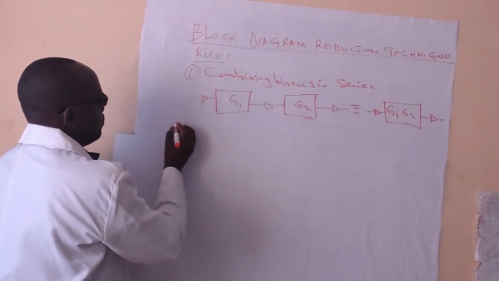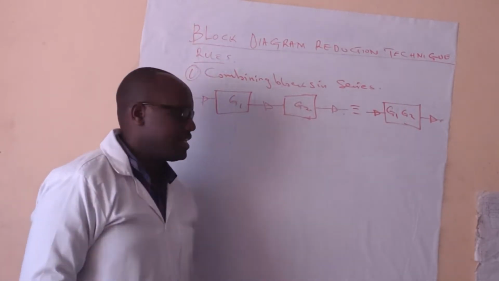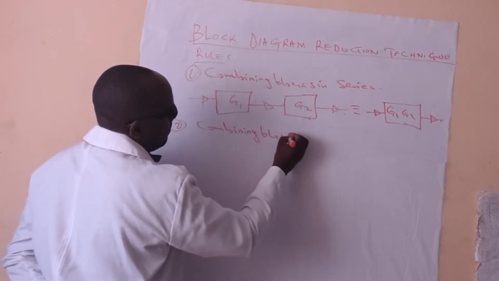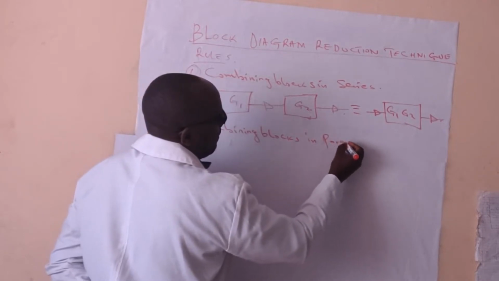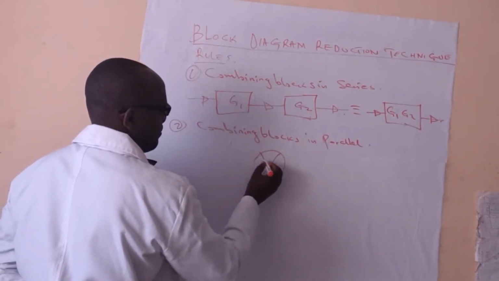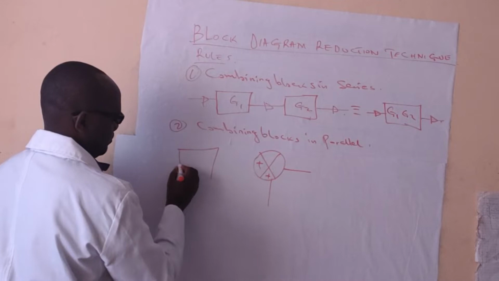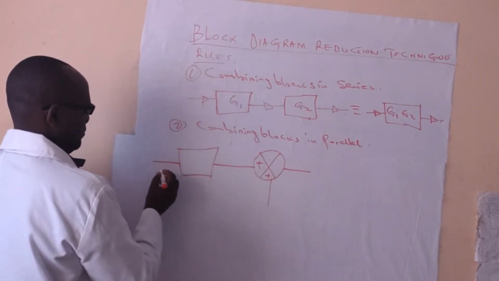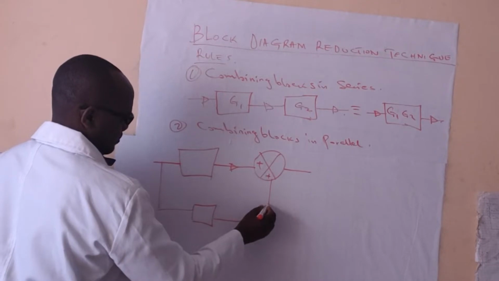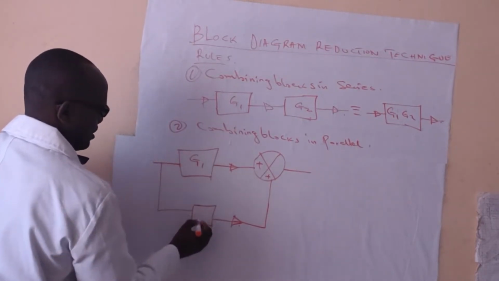Rule number two is combining blocks in parallel. For example, we can have this: G1, G2.